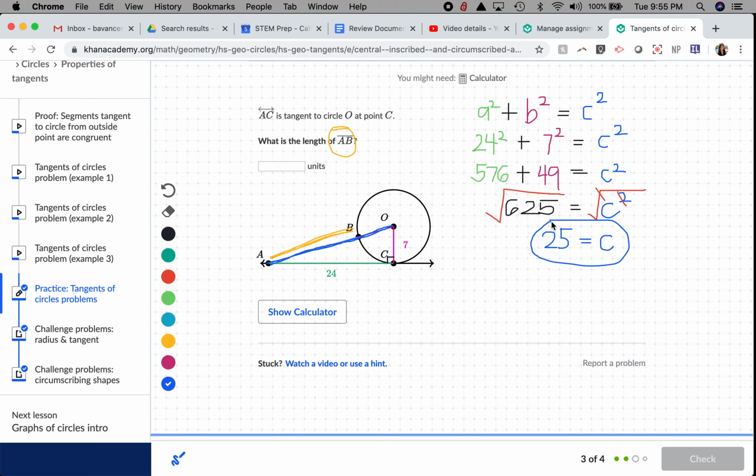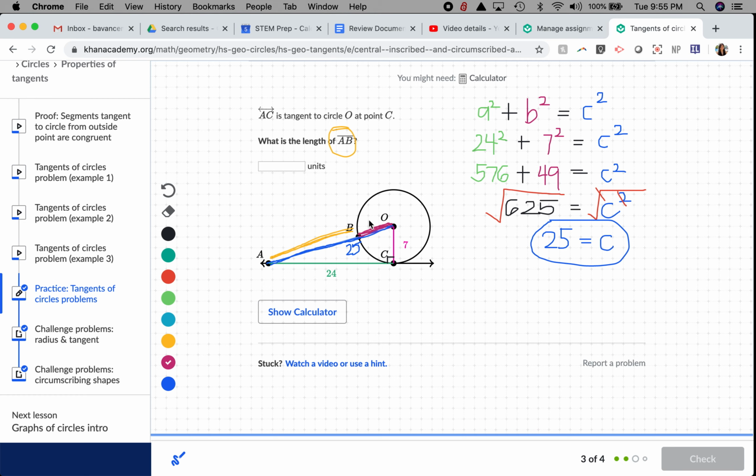Now the question is, what was the question asking? Now if this whole blue thing is 25, as you can see by what I marked here, we are only looking for this yellow part. Now how do we find that? If this whole thing is 25, but part of it is a radius. See here, this is a radius. And remember, all radii are equal.